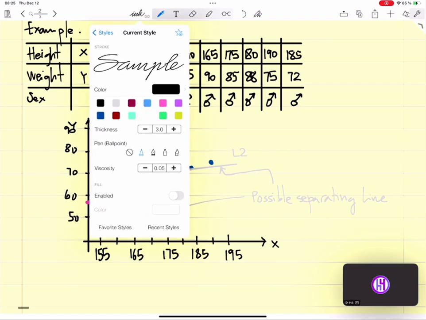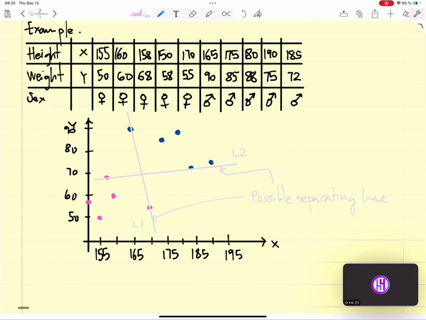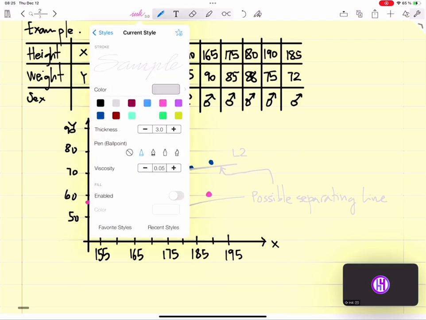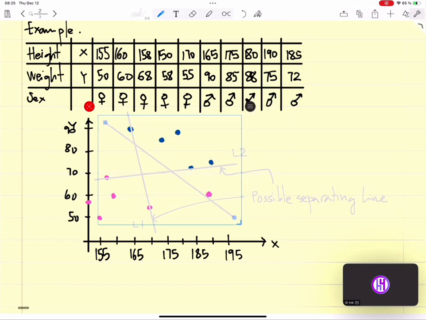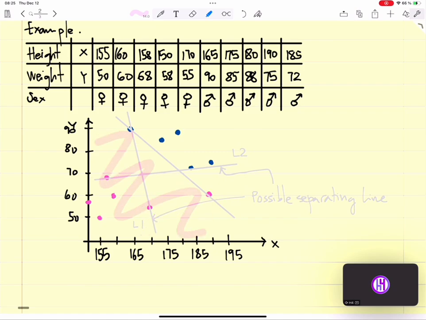If we have a woman, let's say here, we would have a separating line that would be like this, leaving all the rosa points on one side and all the blue points on the other. It depends, I'm just giving you an example.